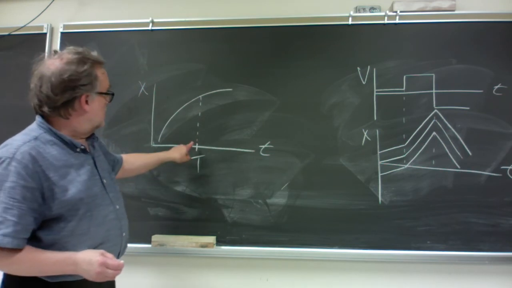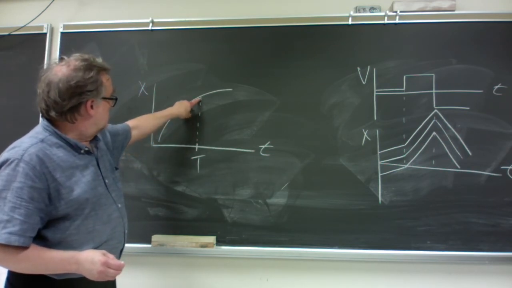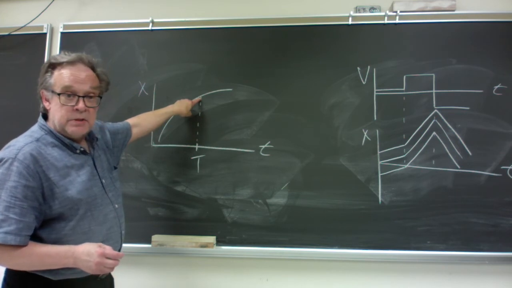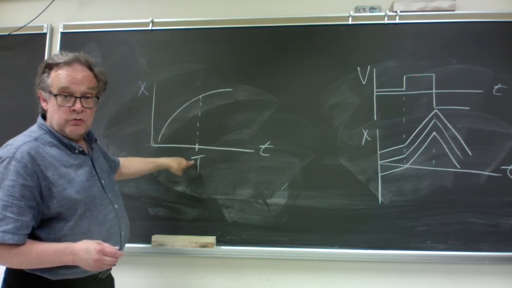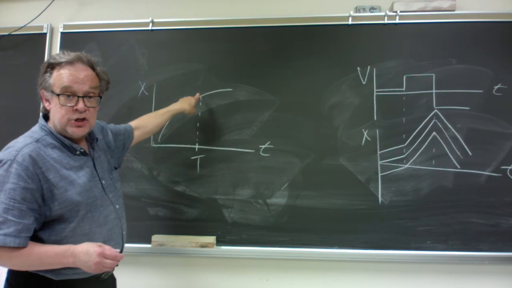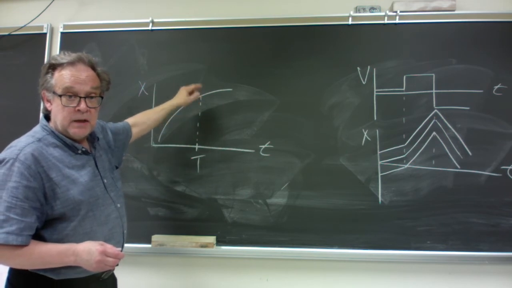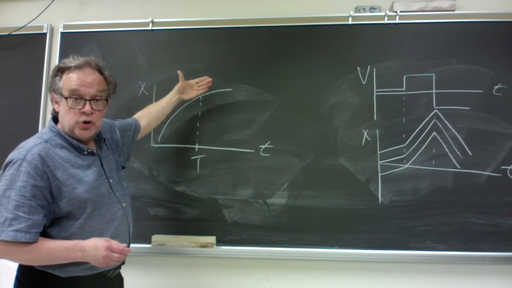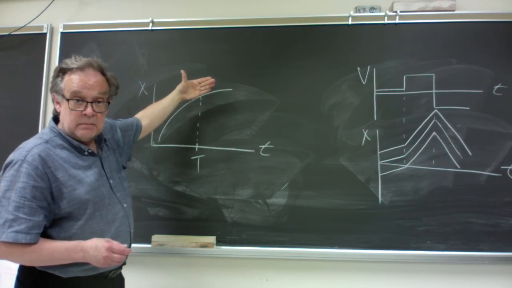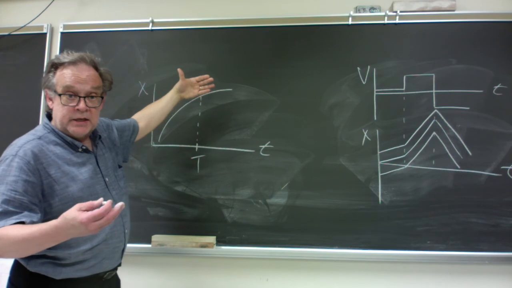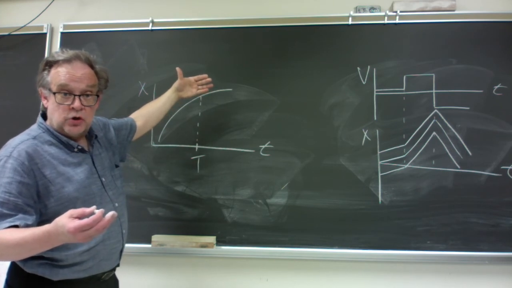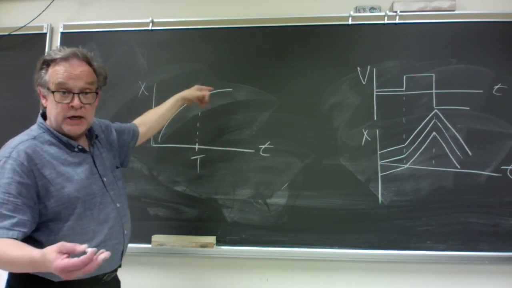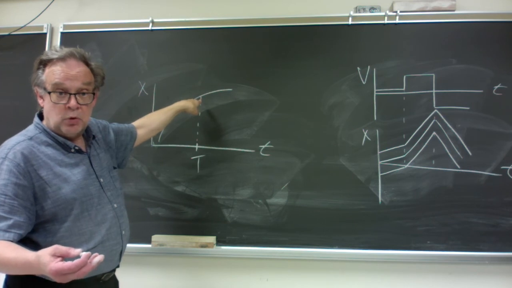And now go up to the point on the position curve for that time, the location for that particular time, and then draw the straight line that is tangent to the curve at that time. A straight line that is tangent to a curve touches that curve at only that point.